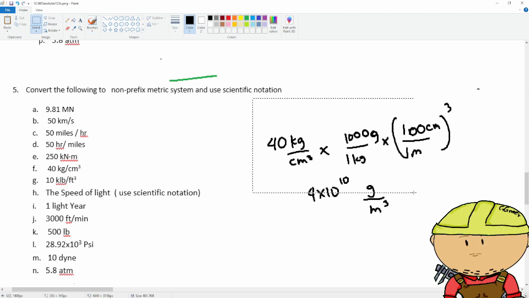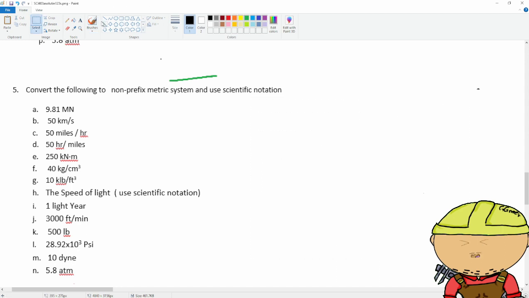Okay, for letter G, kilo pound per feet cube. Since the given at the top is a density, I think this should be pound mass per feet cube.